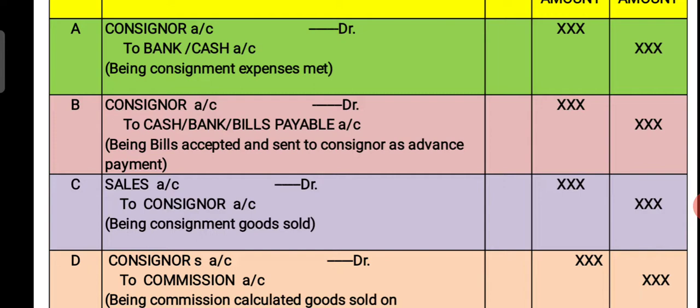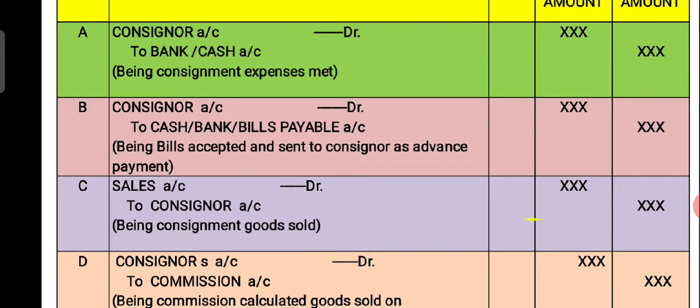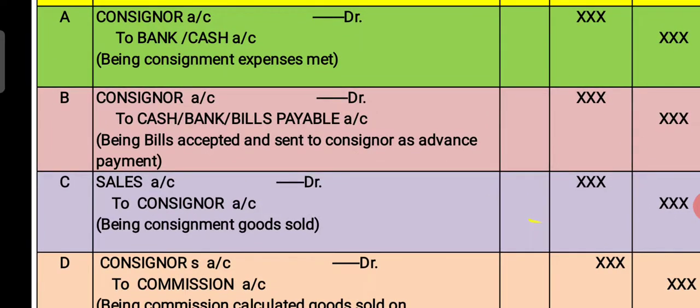Bills payable means the same bills that are called bills receivable for the consignor. Whenever we accept those bills, they become bills payable for us. That's the point. The narration for the B entry: being bills accepted and sent to consignor as advance payment.